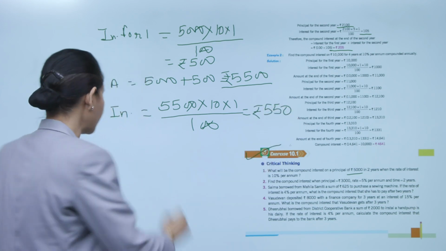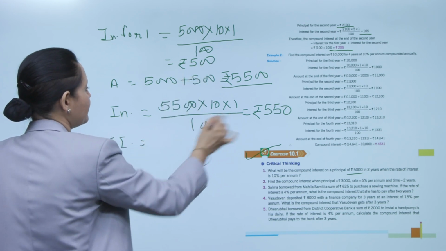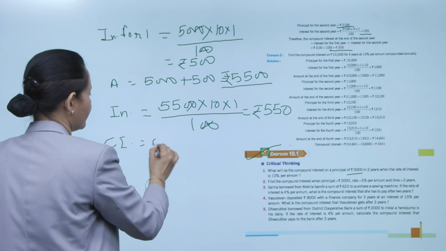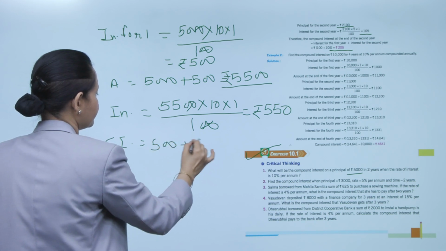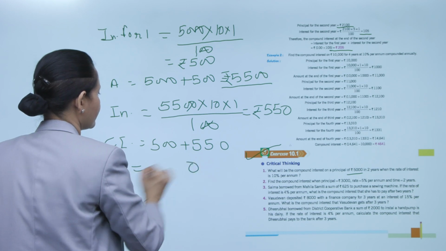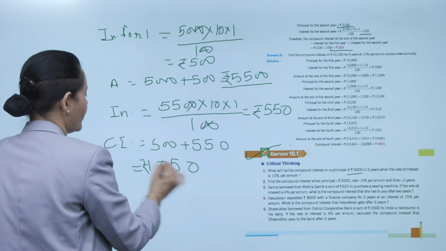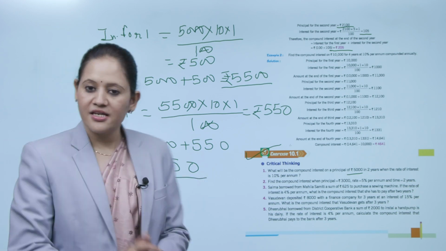So compound interest for 2 years is 500 plus 550, ₹1,050. Clear?